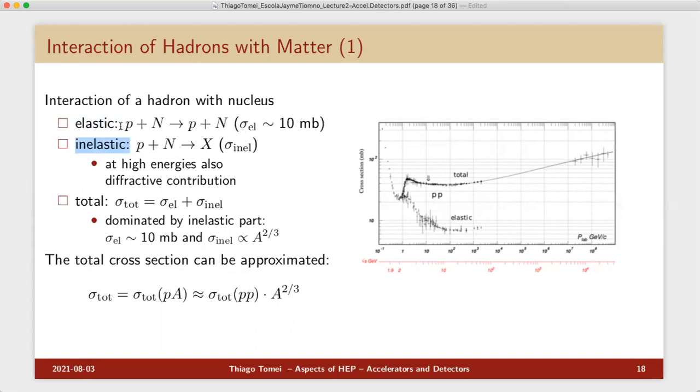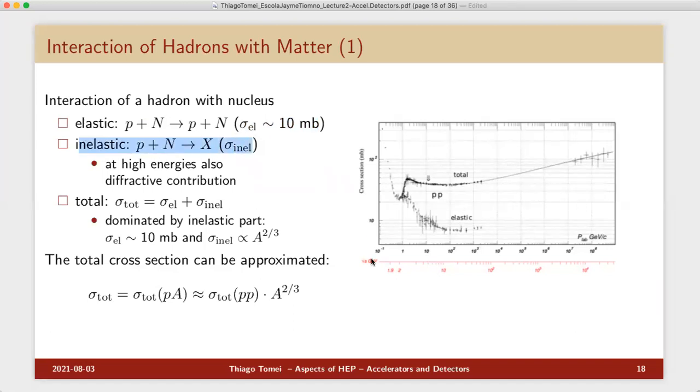And these are, of course, when either the two parts come out intact, so proton nucleus going to proton nucleus, or not. And the elastic interaction is something like 10 millibarns of cross-section. The inelastic is much larger.